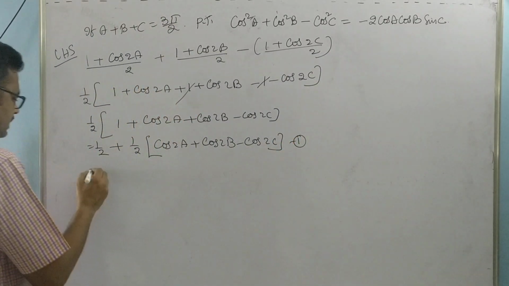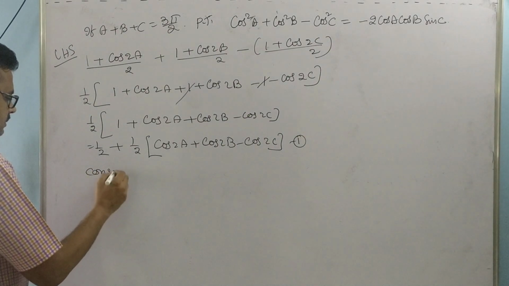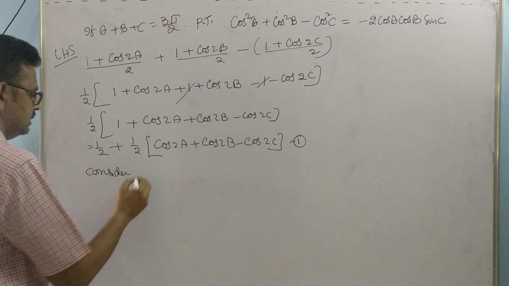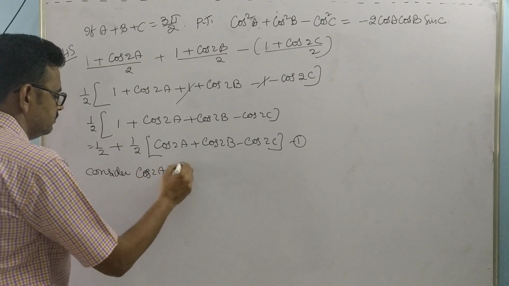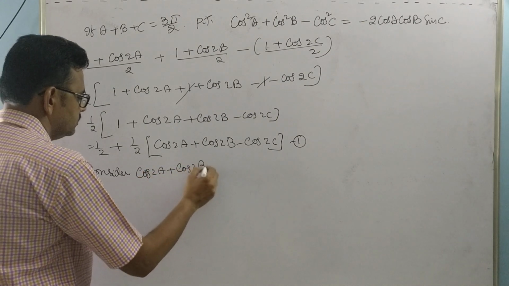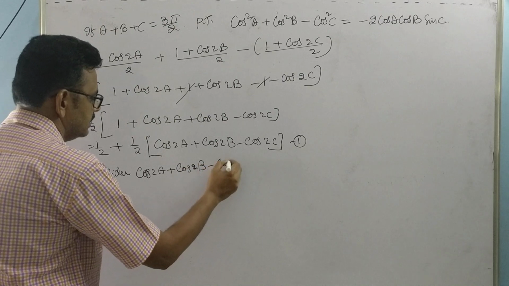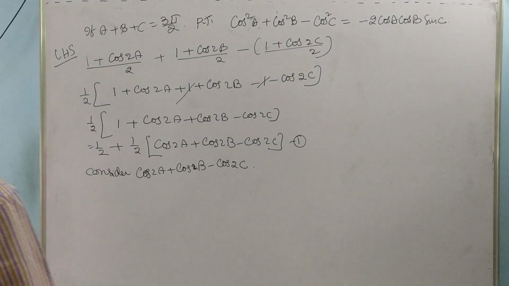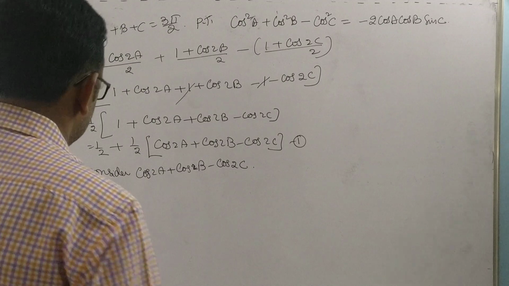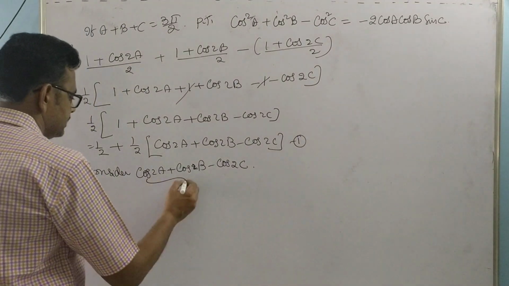Now we have to consider cos 2A plus cos 2B minus cos 2C. As usual, this is the regular process. This is the cos C plus cos D form.